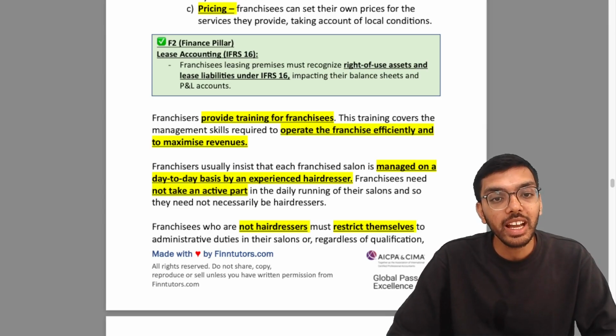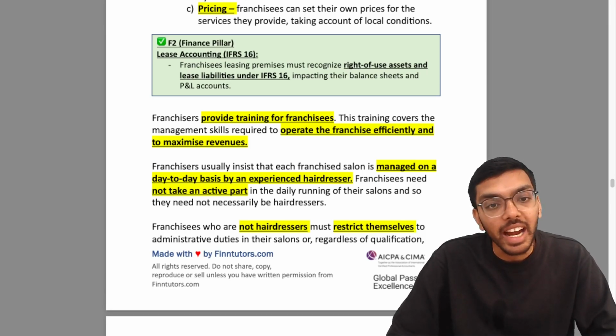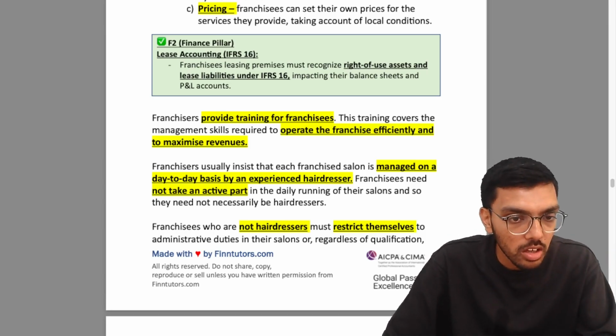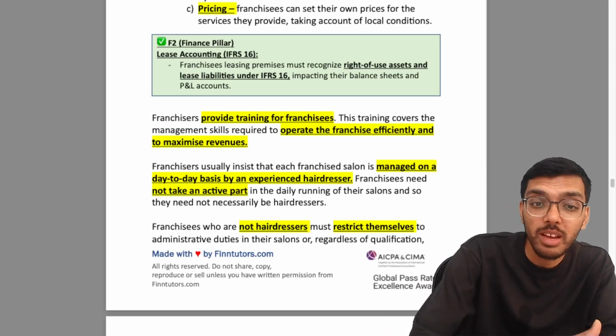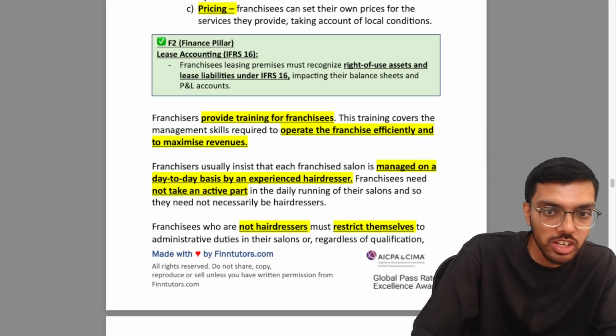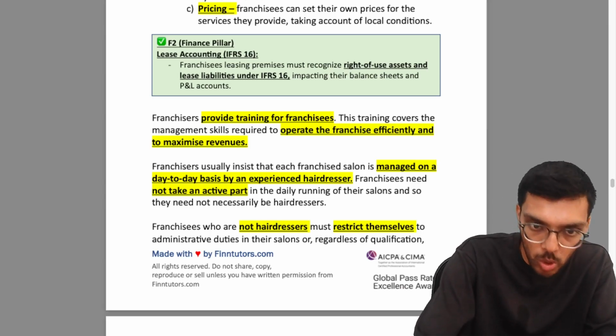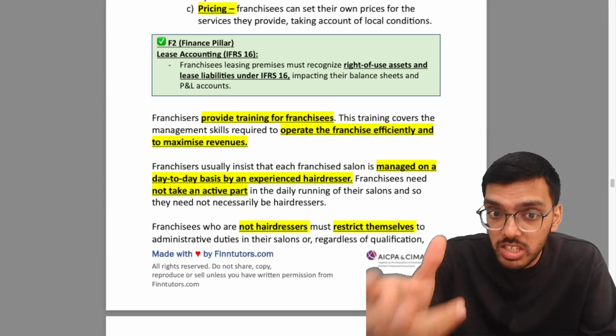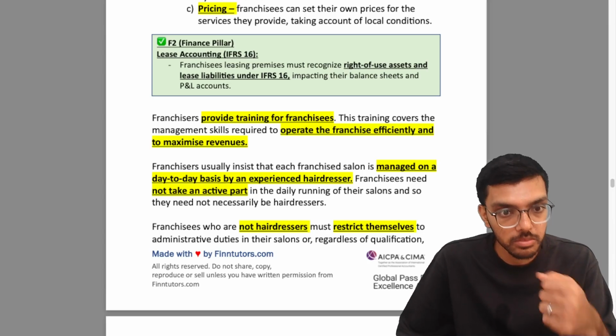Franchisees need not take an active part in the daily running of their salons, so they need not necessarily be hairdressers. It can just be a person who manages everything who is not a hairdresser, like a general manager, which is okay. But one person to manage the day-to-day is essential.